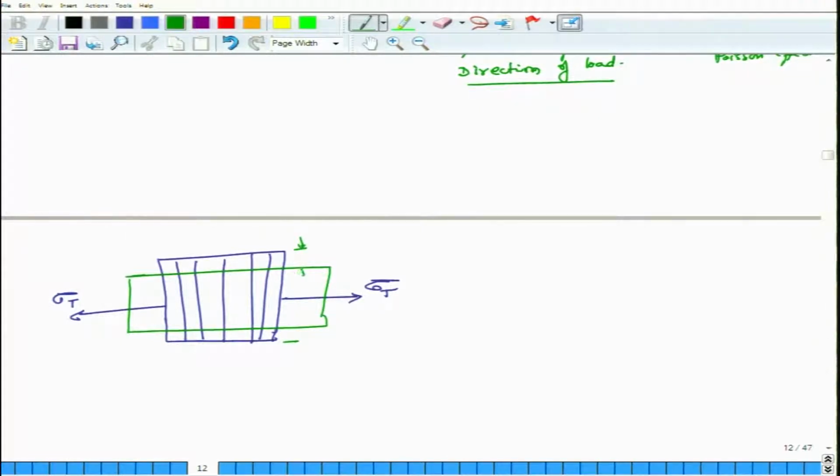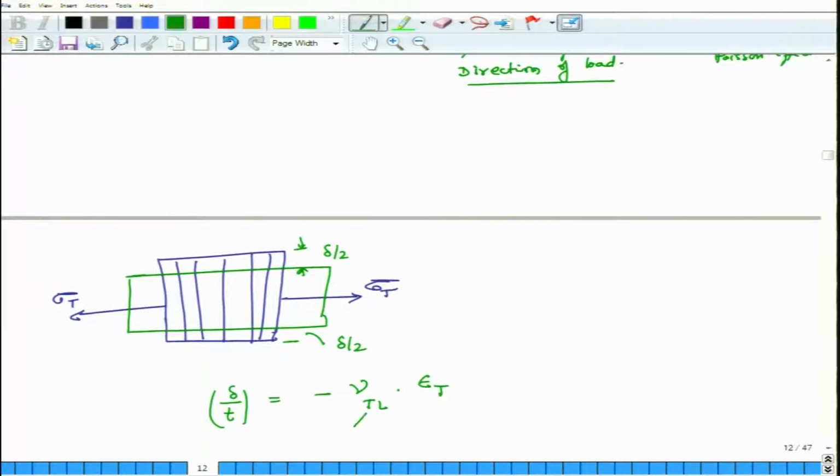This is again delta over 2, this is again delta over 2. In this case, delta divided by the thickness of the composite is nothing but minus Poisson's ratio, not LT but TL, times the transverse strain.